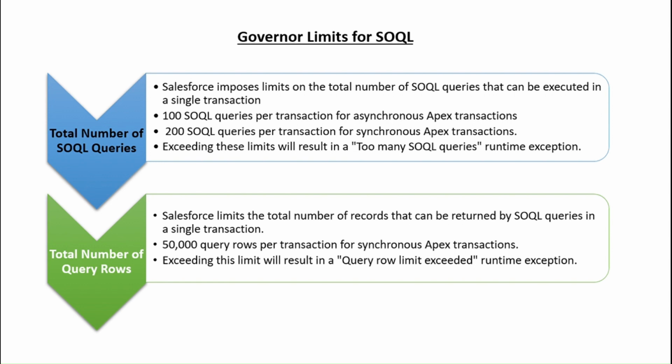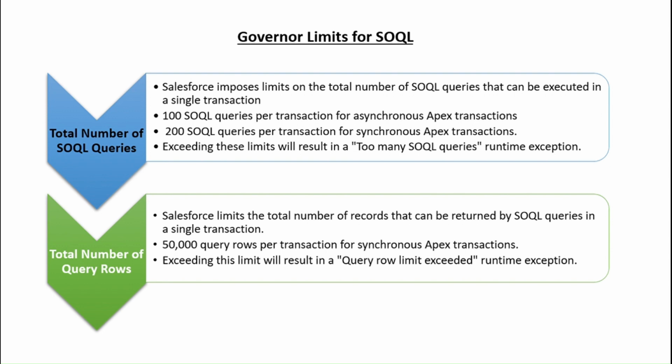Then now we move to the total number of query rows. Salesforce limits the total number of records that can be returned by SOQL queries in a single transaction. In a single transaction we can do 50,000 query rows.